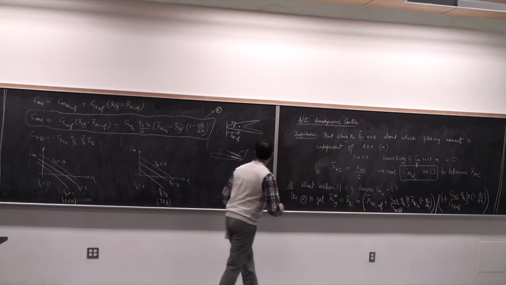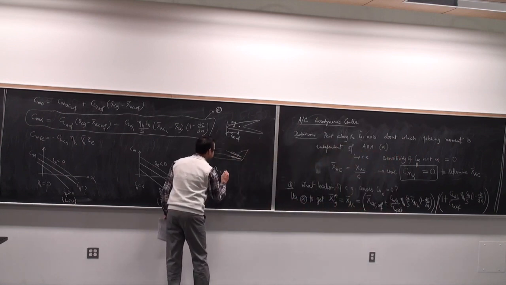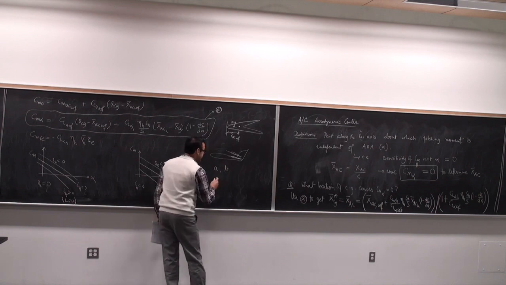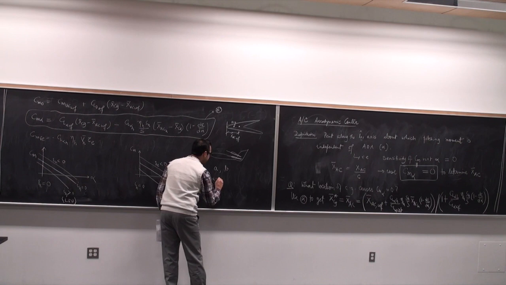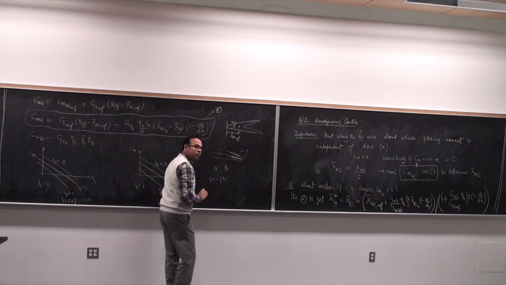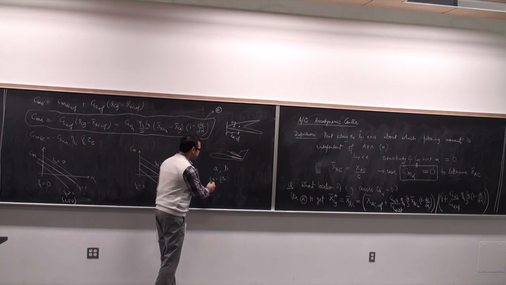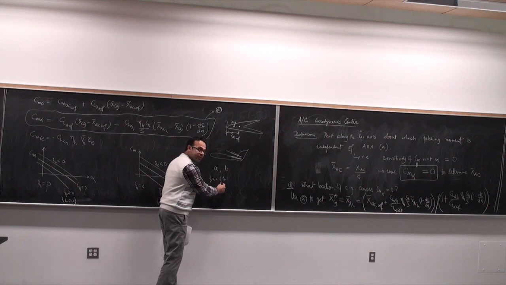So if you have two numbers, A and B, the common sense average is 1/2 A plus 1/2 B, because you're giving equal weight, half each, to A and B.